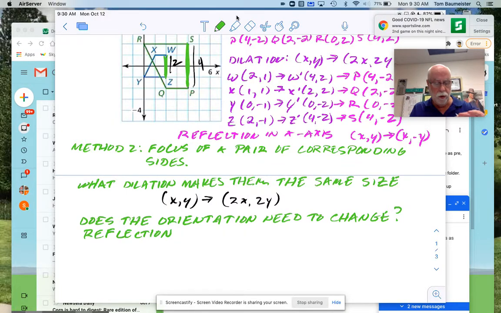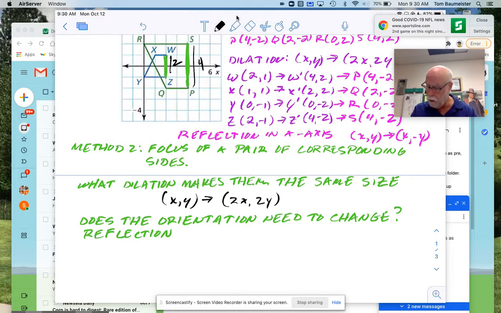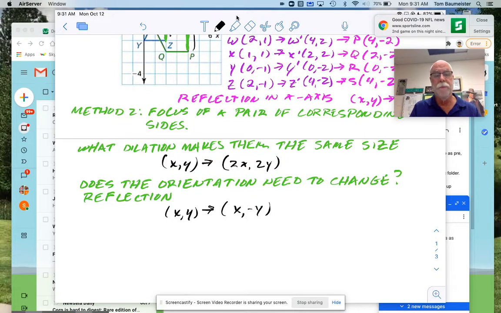All right, so again, if you think about it, the WZ, it flipped based on the first one that we did there, it did flip, right? It flipped over the x-axis. So in this case, we know that that one was true also. So we had what? On that, our xy, again, when it changes on there, our x stays the same, our y becomes a negative of whatever we had. So on that one, it was also true, right?